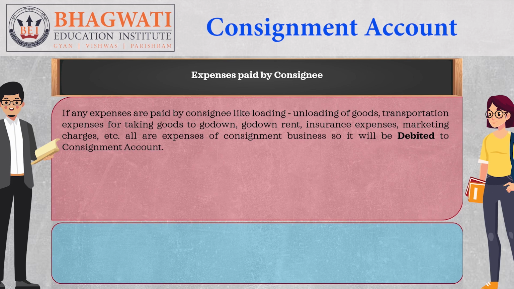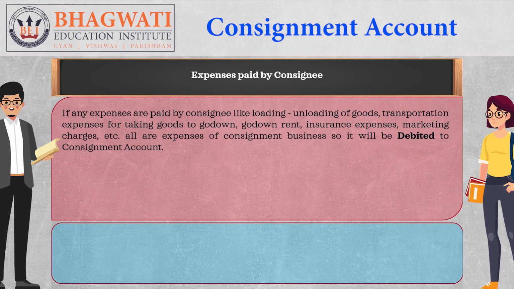But tell me one thing, whether this transaction involves any outflow of cash? Yes, sir. It involves outflow of cash by consignee. Are we recording the transaction in the books of consignee? No. We are recording the transaction in the books of consignor.